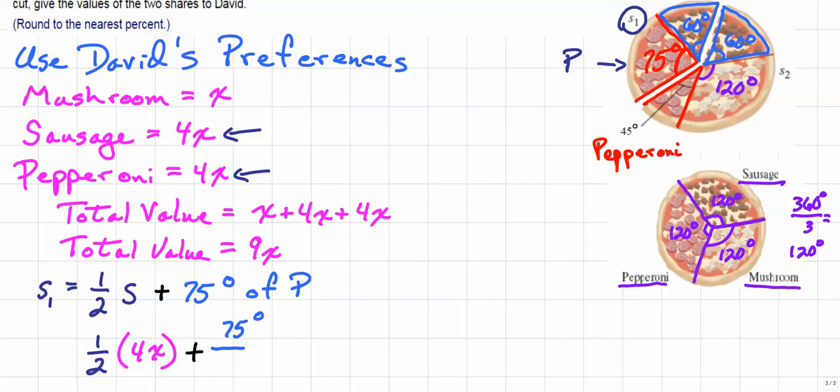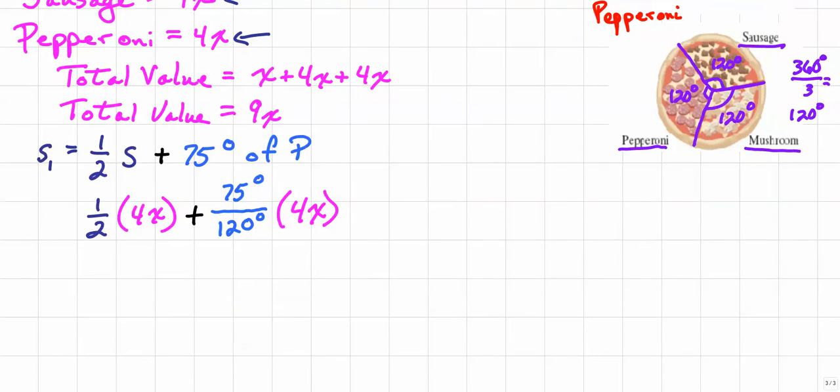To make a ratio, we're going to take 75 degrees and put it over 120 degrees, because that's how much pepperoni we initially had. And we're going to multiply that by the worth of the pepperoni, which in this case is 4x. And now what we have is a statement that tells us what side 1 is worth in terms of David.